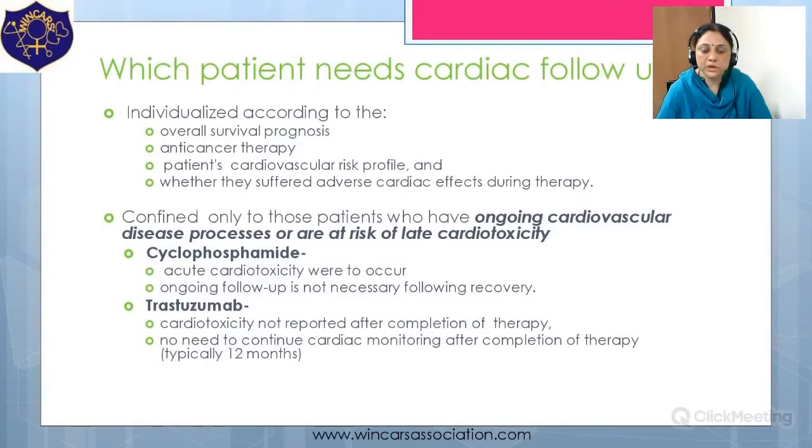In fact, a long-term surveillance is required for those patients who had ongoing cardiovascular disease processes or are at risk of late cardiotoxicity. Suppose in the case of cyclophosphamide, here acute cardiotoxicity is seen, and so ongoing follow-up is not necessary once recovery has occurred.